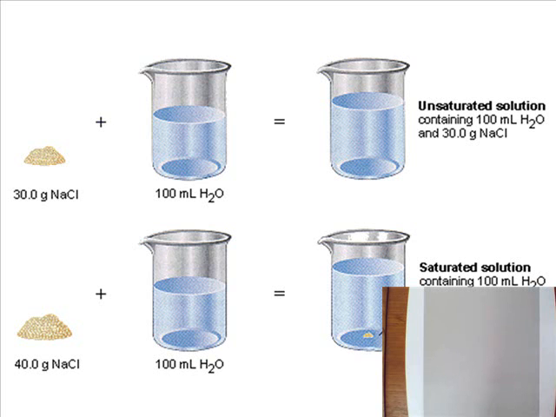The reason is there's just not enough water to surround the ions that make up the salt. And therefore, the ions have access to each other, and they tend to stay together, and you'd have 4 grams undissolved at the bottom. You would have a saturated solution in this case because no more can dissolve in it.